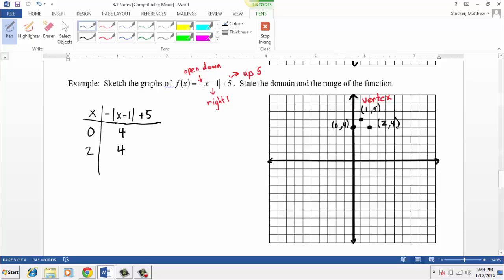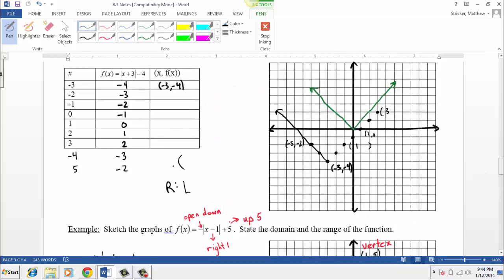Another thing that we haven't mentioned yet that I want to mention now is that when we have absolute value functions, we have this kind of symmetry going on. About this vertex, notice, go back to the last example. Here's my vertex here. These points over here are mirror images of each other across this kind of vertical imaginary line that goes up through the vertex.